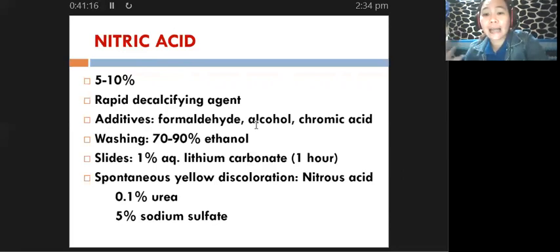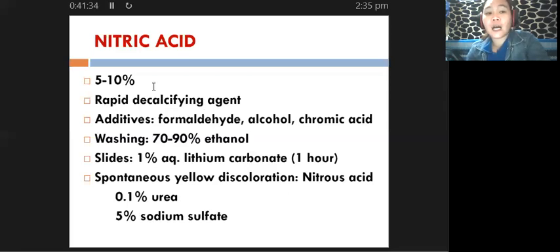Alright, so your nitric acid is considered to be the most common and fastest for routine processing of large amounts of bony tissue, especially if your laboratory is handling a lot of bone samples.